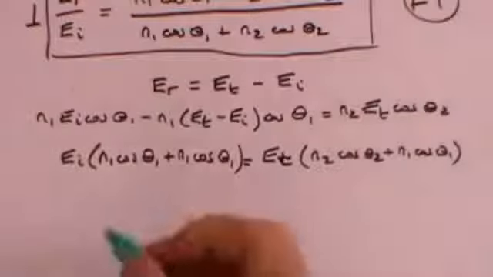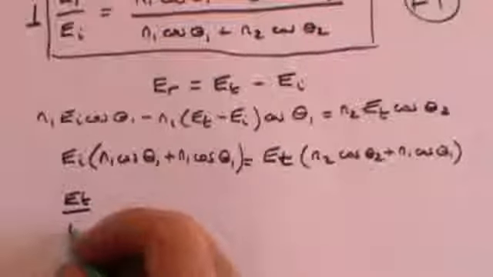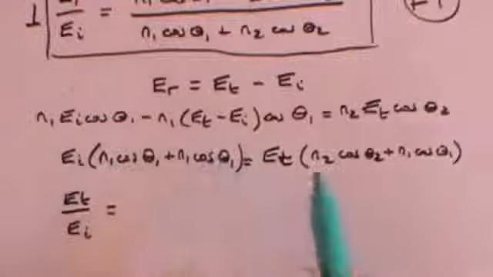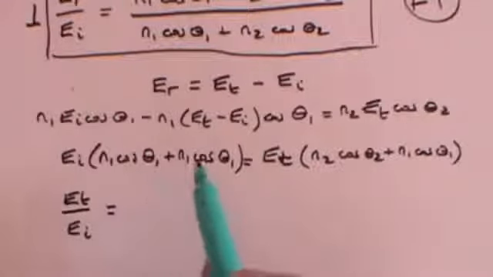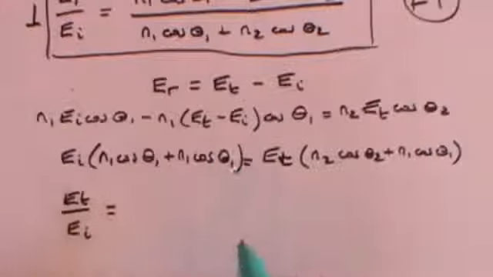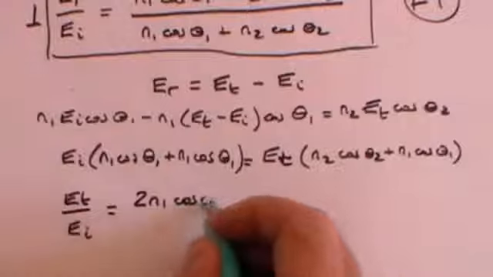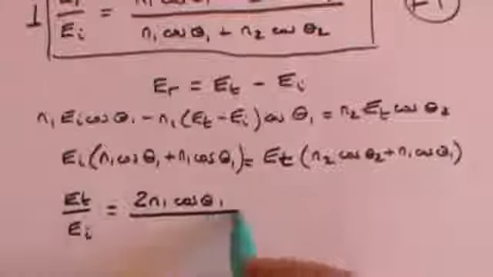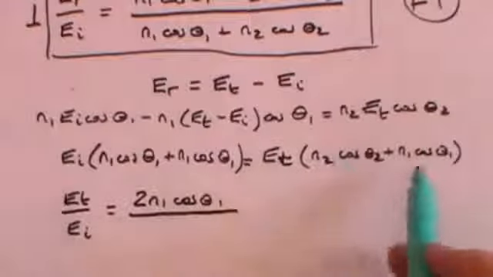And then as we did before, we can take ET divided by EI, and that will be this term divided by that term. Well, this is N1 cos theta 1 plus N1 cos theta 1. Well, that's just 2 times N1 cosine theta 1 divided by this term here, which to tidy up we'll just bring round the other way.